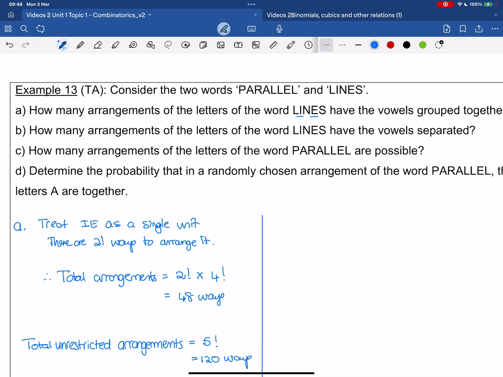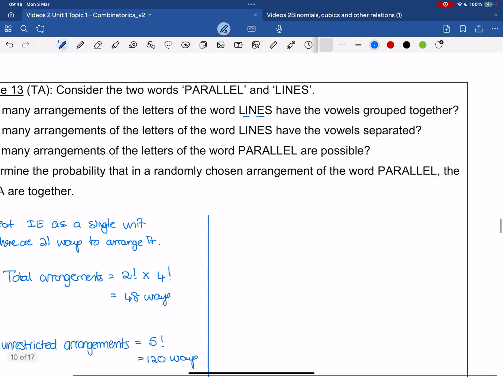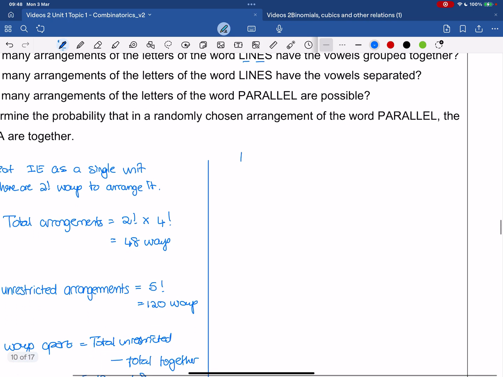How many arrangements of the letters of the word parallel are possible? Now, it might be easier to actually write all of the letters and make sure that you've got the right number.